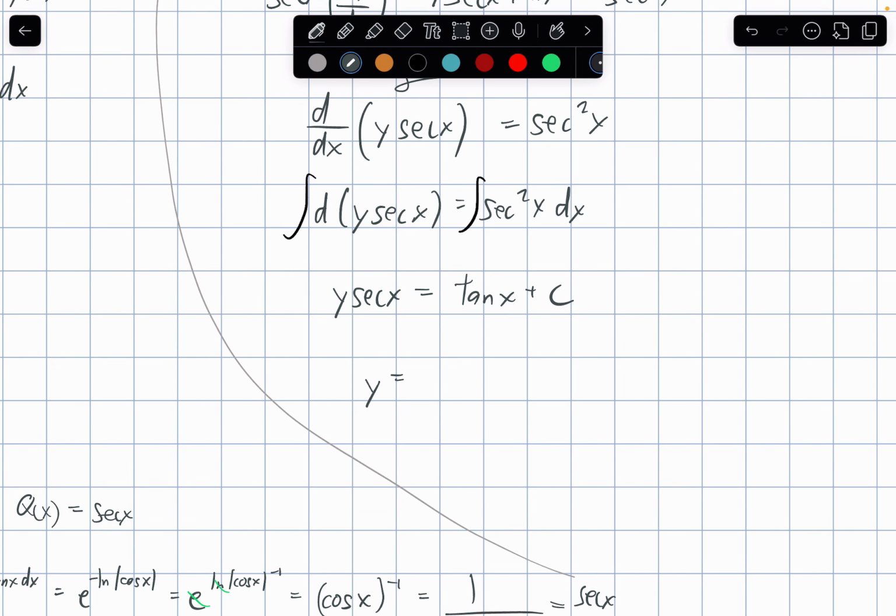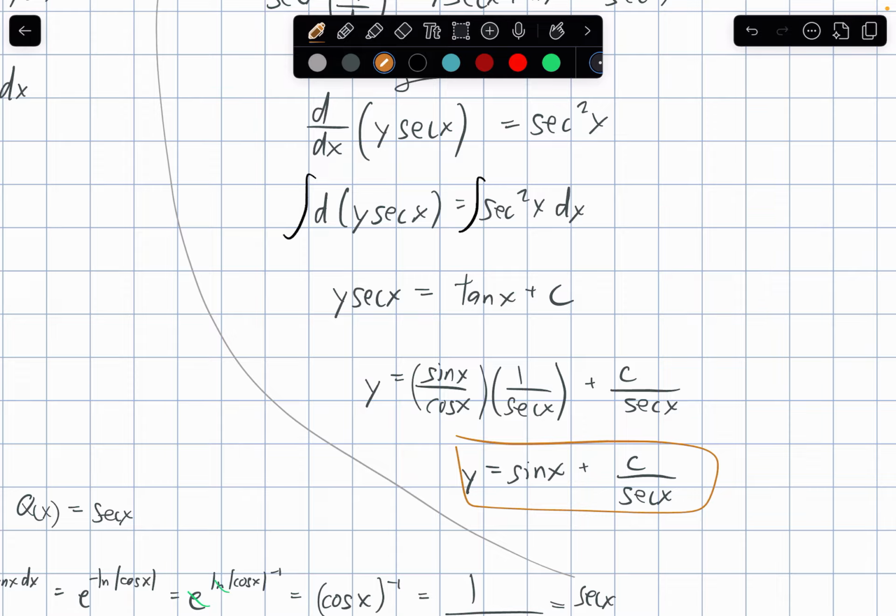Nice. These cancel. This is the final answer, the general solution.